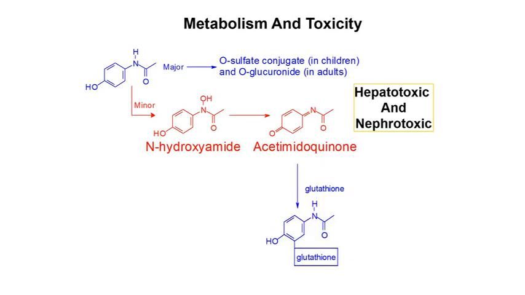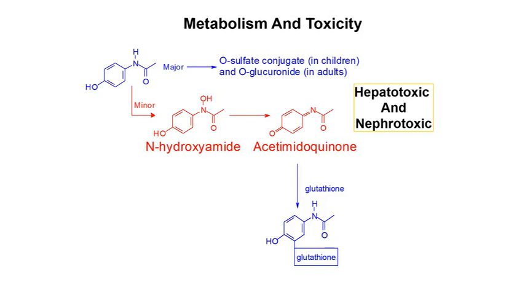How does this come about? It is able to interact with glutathione and deplete the body of glutathione. We all know that glutathione is one of the defensive mechanisms in our body against oxidative stress. So glutathione will interact with the acetimidoquinone, and the body is able to get rid of this minor metabolite.